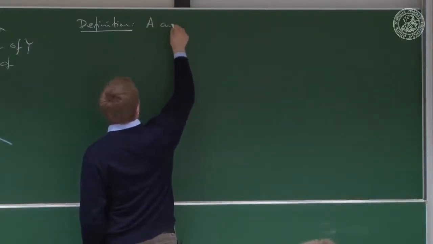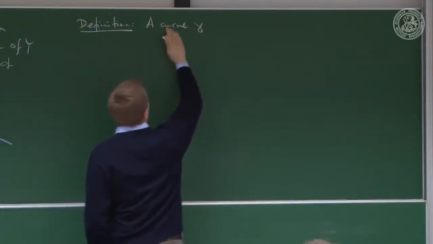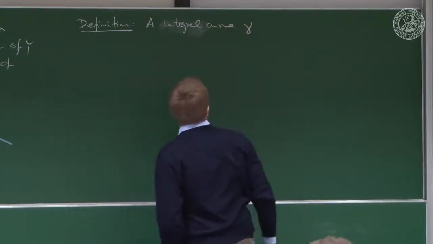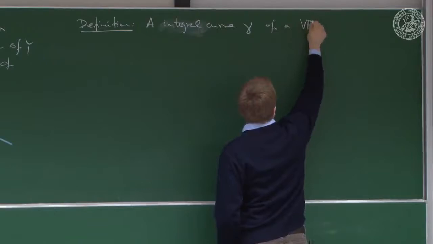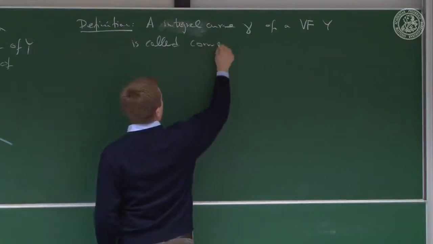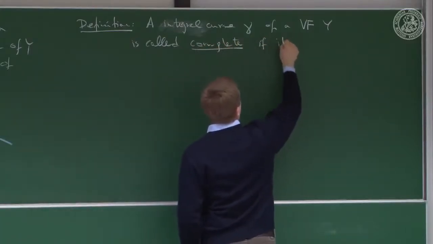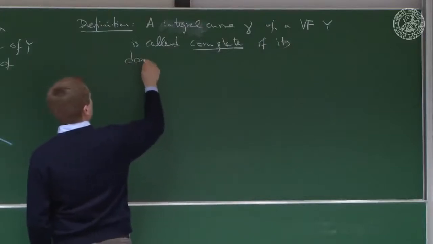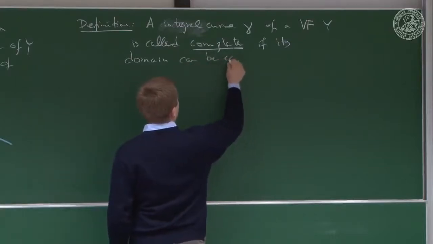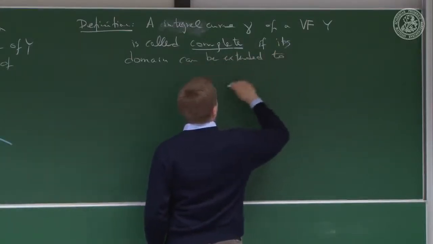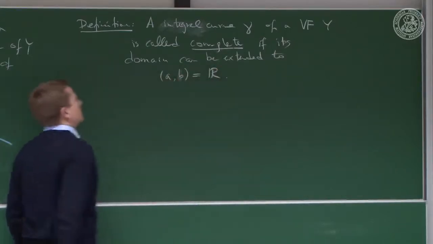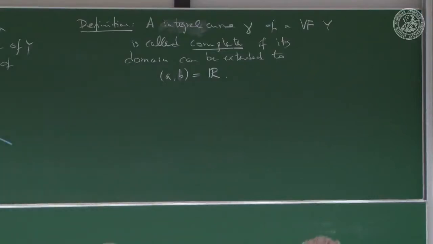A curve gamma, an integral curve gamma of a vector field Y is called complete if its domain, so that's what I called the parameter range before, if its domain can be extended to all of R. It's complete.